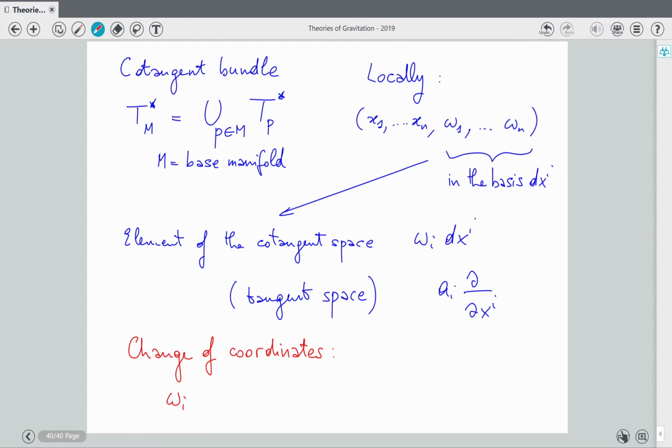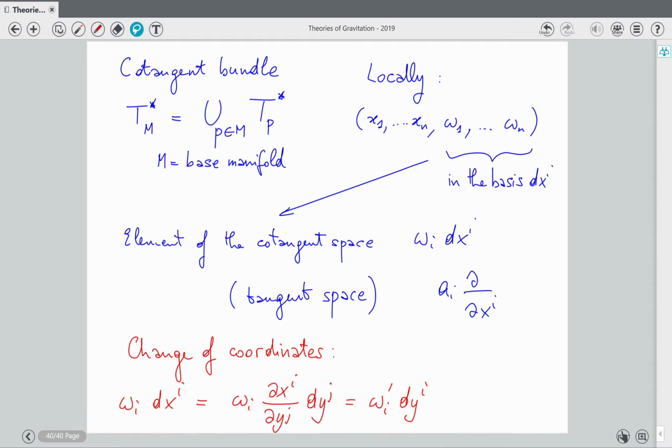We have omega i dxi, which can also be written as dxi partial xi partial yj dyj, and so you can call it omega i prime dyi, and this gives you the transformation rule.